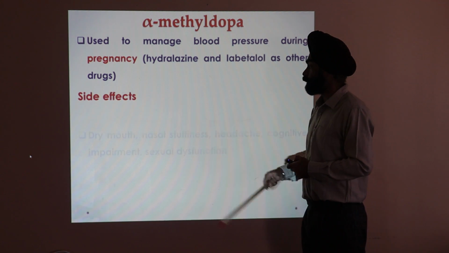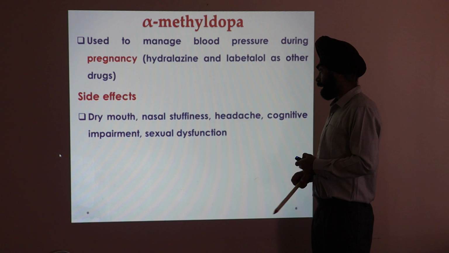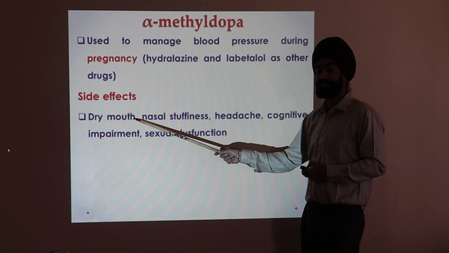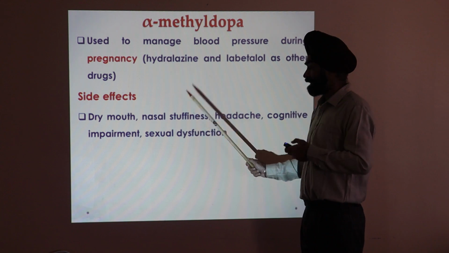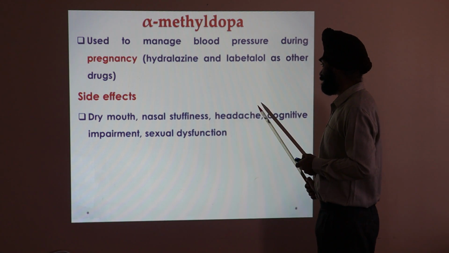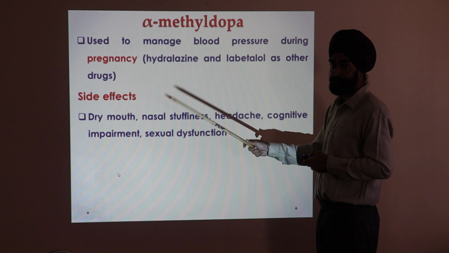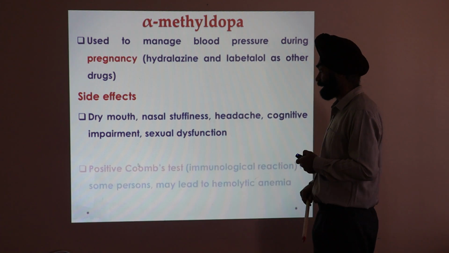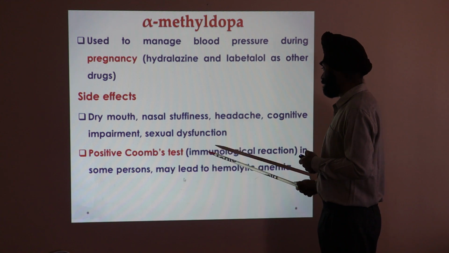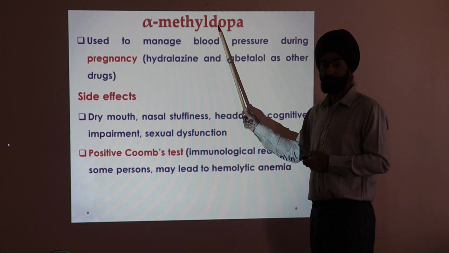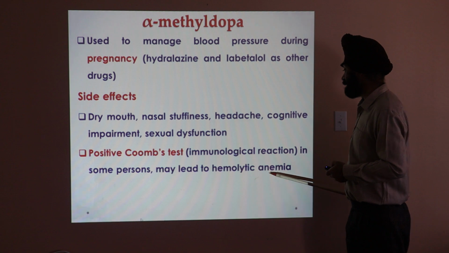Side effects of methyl-dopa. The same side effects that we discussed with the alpha-1 blockers: dry mouth, nasal stuffiness, headache, sexual dysfunction. These are the side effects which are common with the alpha-1 receptor blocker prazosin. Now this is a different thing. In some persons, methyl-dopa may lead to hemolytic anemia.